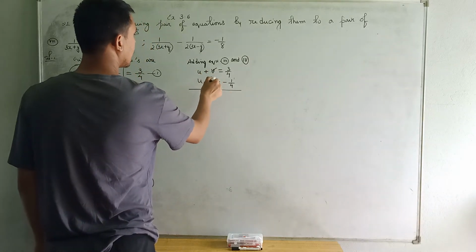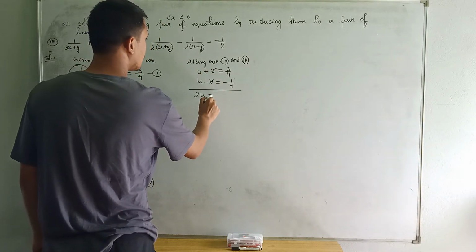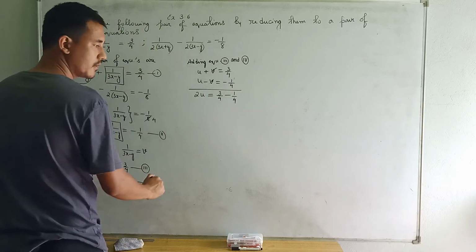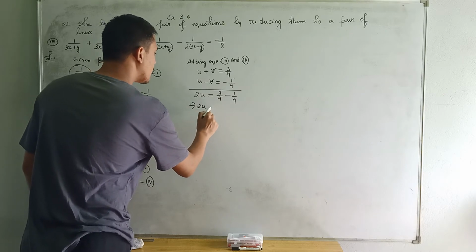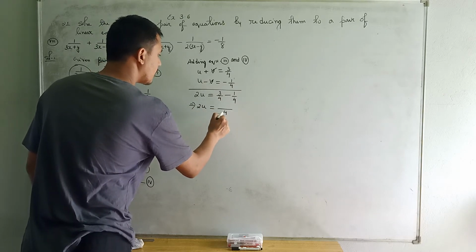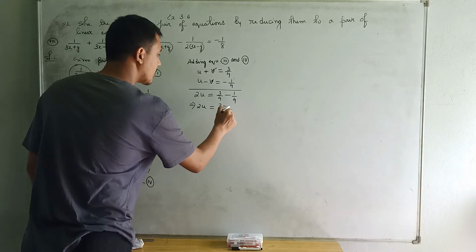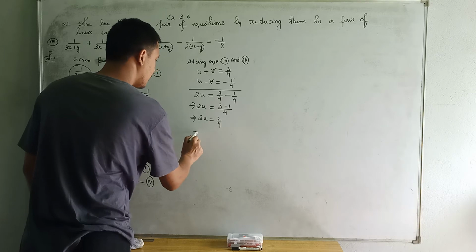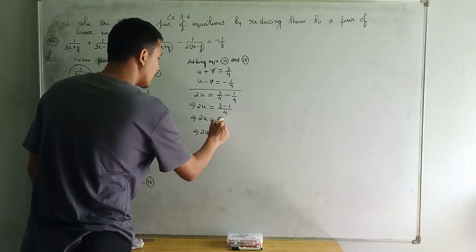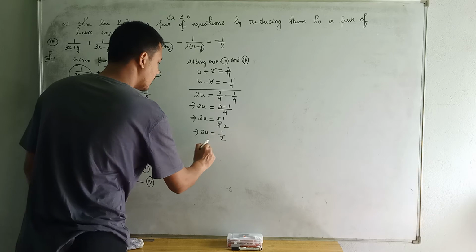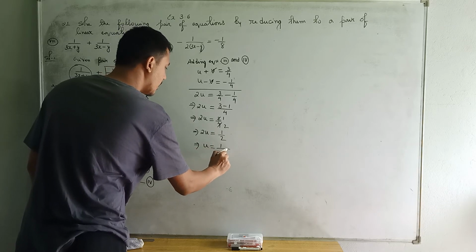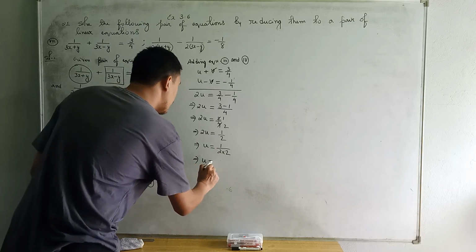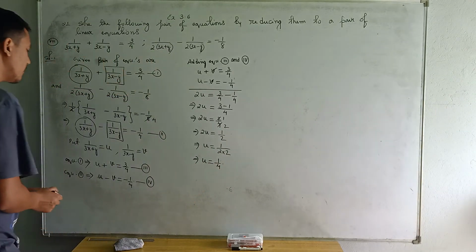Adding, plus v minus v gets eliminated, so your 2u will be 3 by 4 minus 1 by 4, right? 2u equals, LCM is 4, so we have 2 by 4. 2u is equal to 1 by 2. So u will be equal to 1 by 2 times 2, this 2 comes to the denominator. So you have u as 1 by 4. We have obtained u.